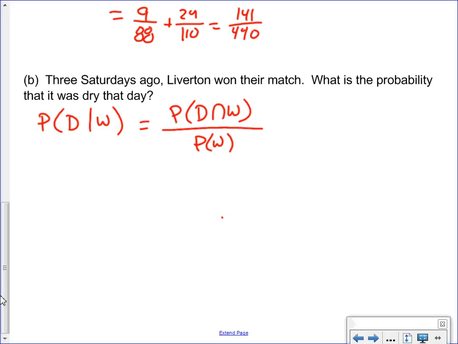Since A and B are happening at the same time, we can also just switch that around. So the probability of win and dry over the probability of winning, which is what we just calculated.